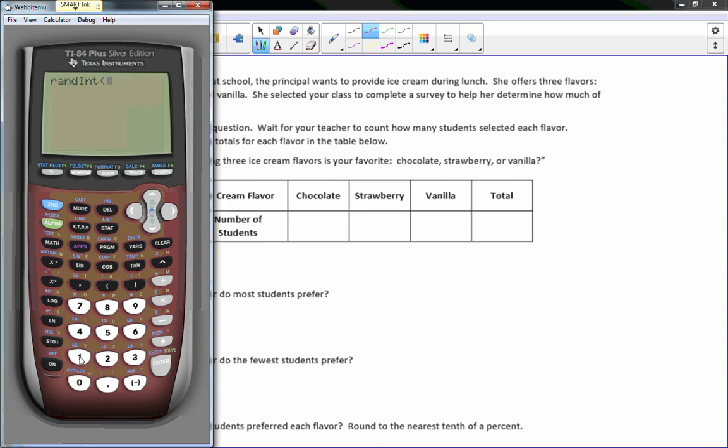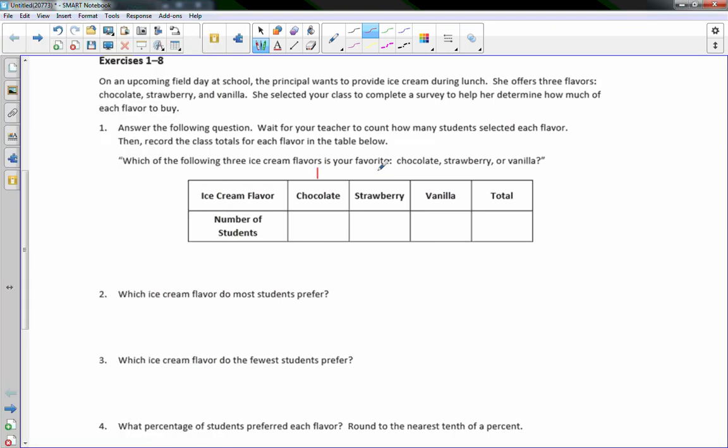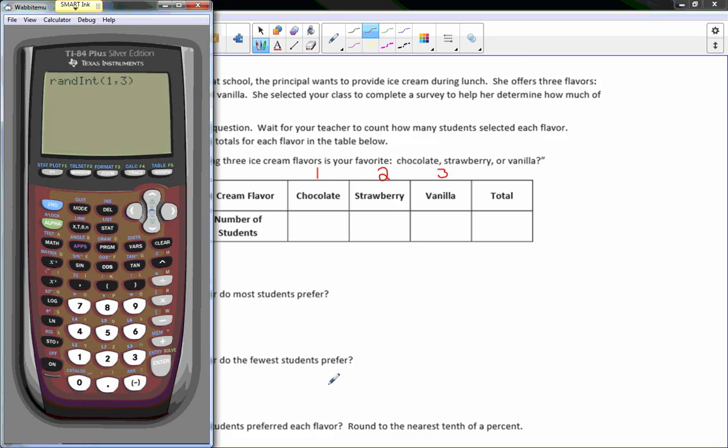And I'm going to choose integers between 1 and 3. So I'm going to let chocolate be 1, strawberry be 2, and vanilla be 3. Those are my outcomes. I'm just going to do this randomly, whereas in a class setting, you would simply ask the students, of these 3, what's your favorite?